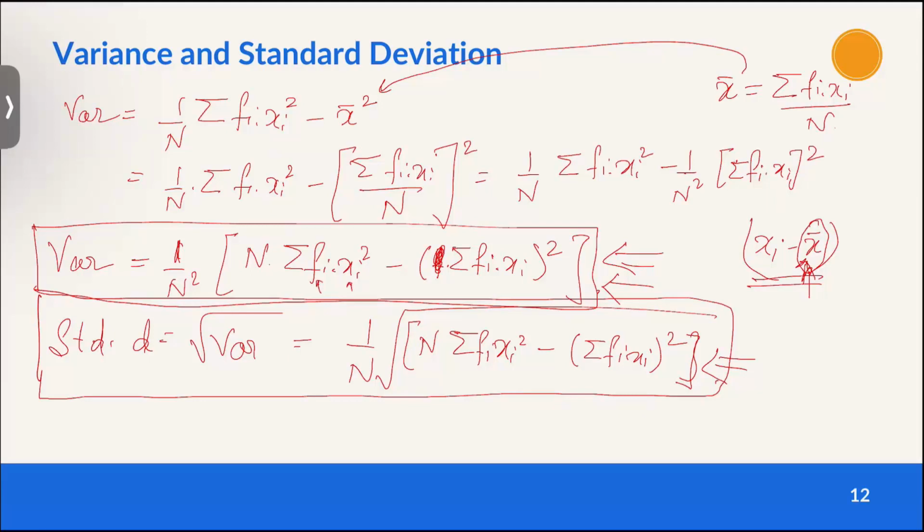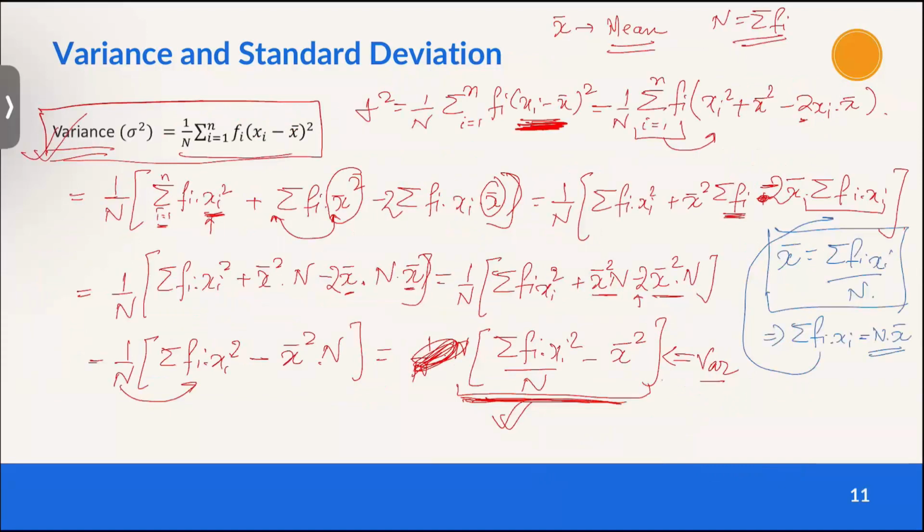When you see one example of how we use this formula, you will understand that it sometimes reduces the computational burden or calculation burden. Sometimes, not always.